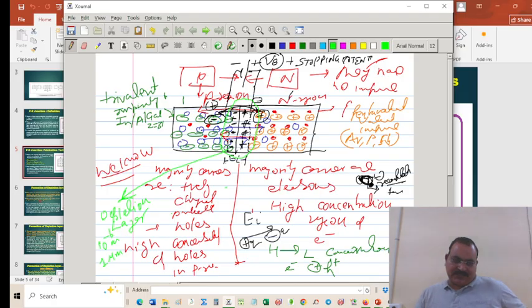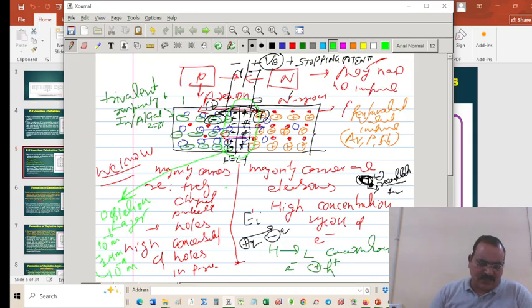It may vary from 10 to the minus 9 meter to 10 to the minus 6 meter, right? Okay, so you have also seen how the depletion layer is created, right?